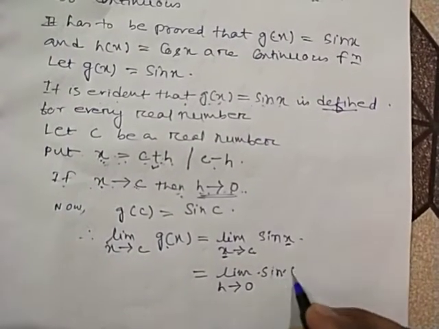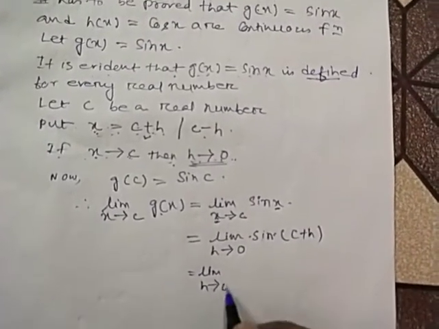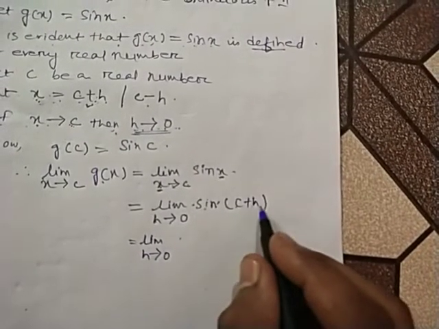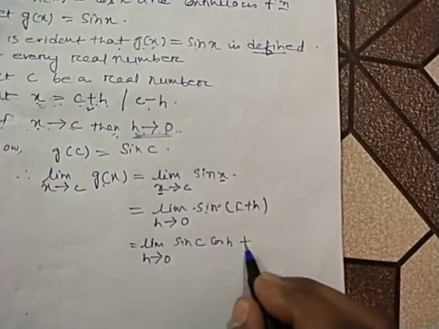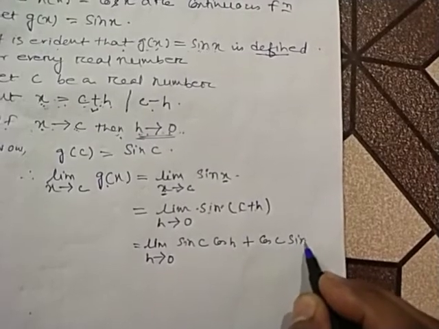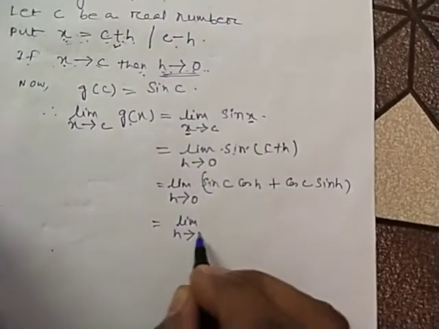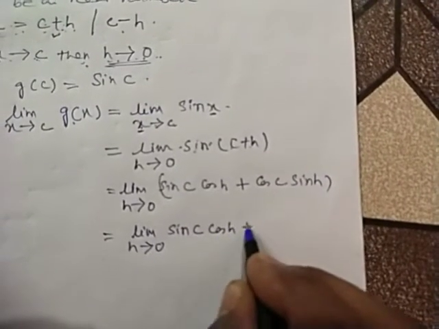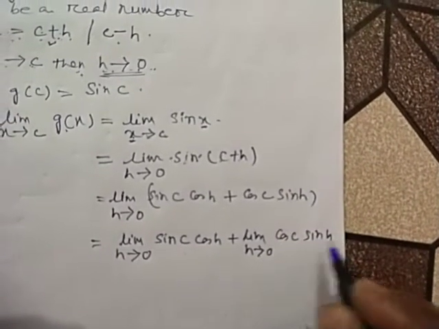So sin of (c + h), limit h tends to 0. You can break this using the formula for sin of (a + b): sin c cos h + cos c sin h. Separate the two terms: limit h tends to 0 of sin c cos h plus limit h tends to 0 of cos c sin h.